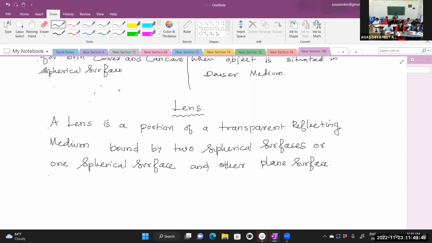The lenses are classified into two types: convex lens or converging lens, and concave lens or diverging lens.